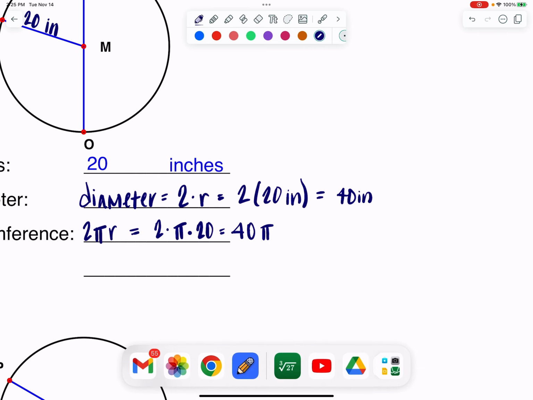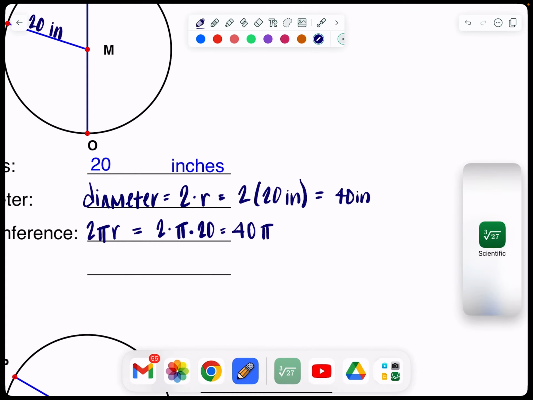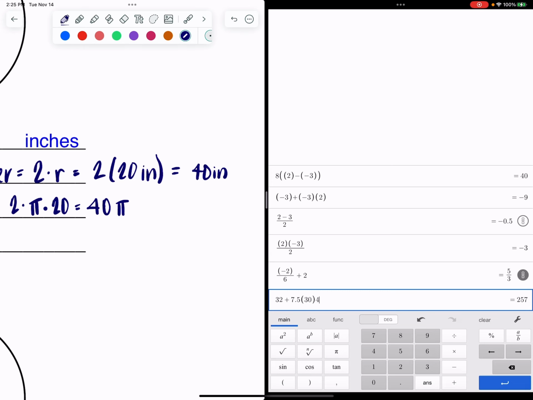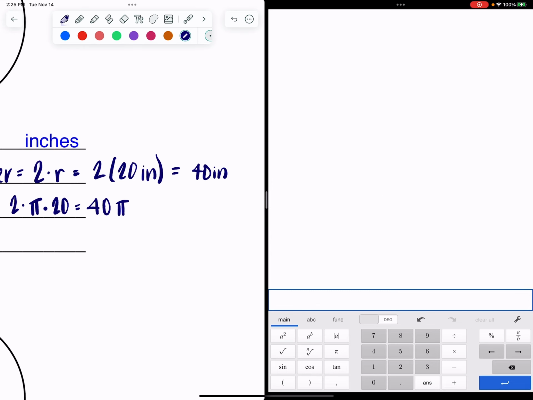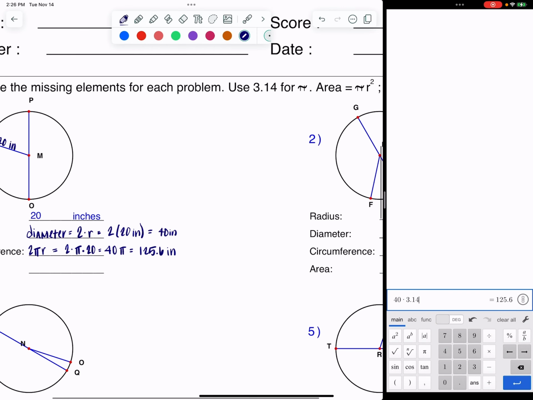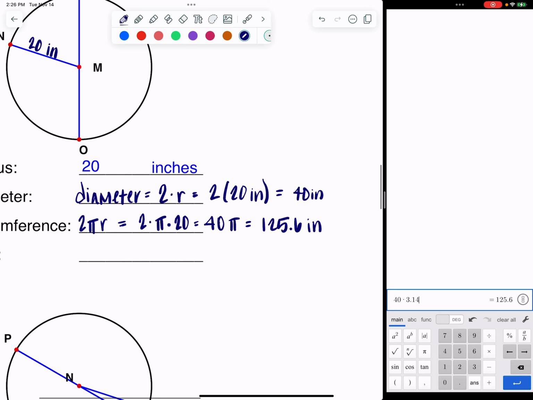I'm going to pull out Desmos. And I'm going to do 40 times 3.14. So I get 125.6 inches. Now, do they give us rounding instructions? Nope, so we get to pick. So we're going to stick with 125.6.